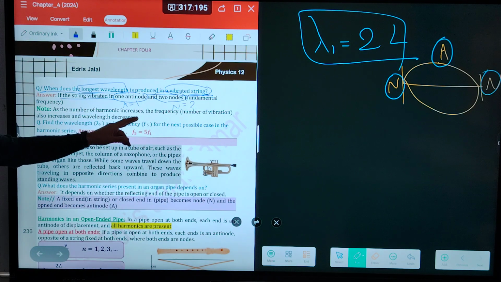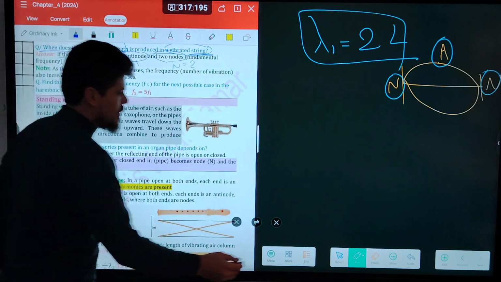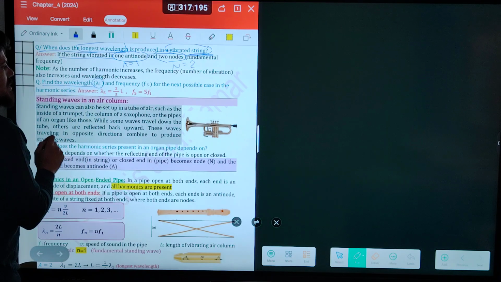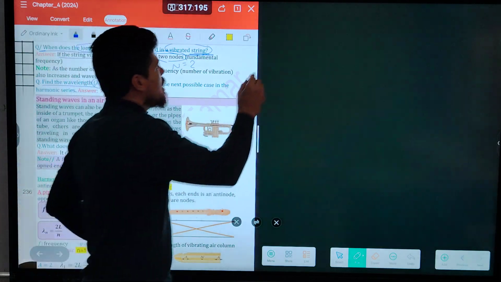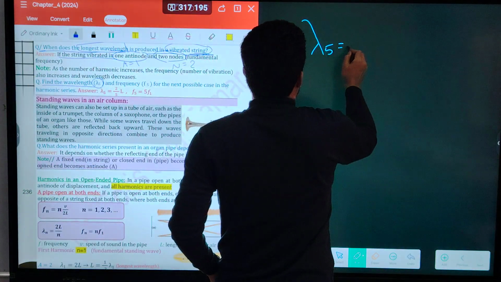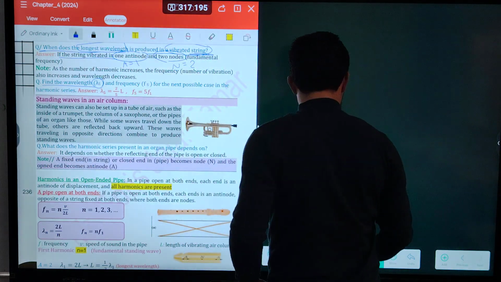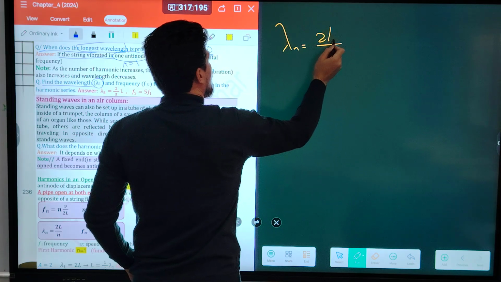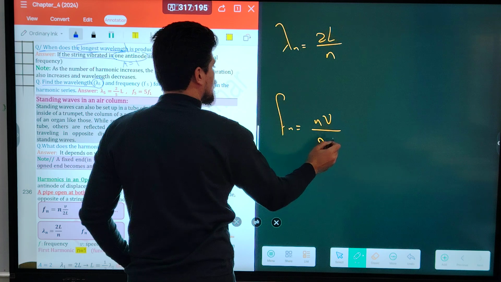As the number of harmonic increases, the frequency and number of vibrations also increase. Look at this question. Find the wavelength lambda 5 and frequency f5 of the fifth harmonic for the next possible case in the harmonic series. Lambda 5 is equal to what, guys? Before writing lambda 5: lambda n is equal to 2L over n. f n is equal to n v over 2L.